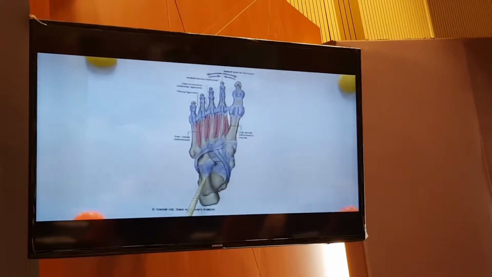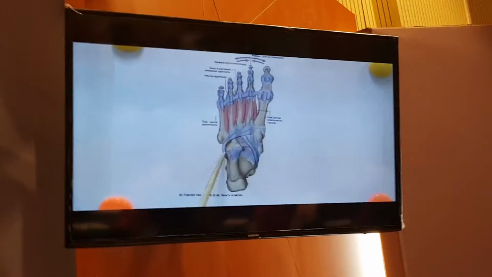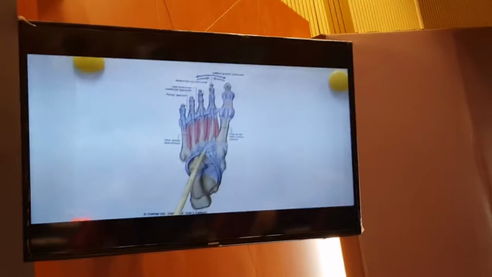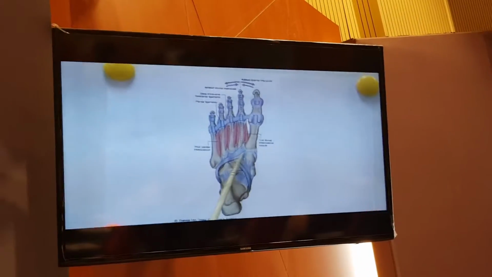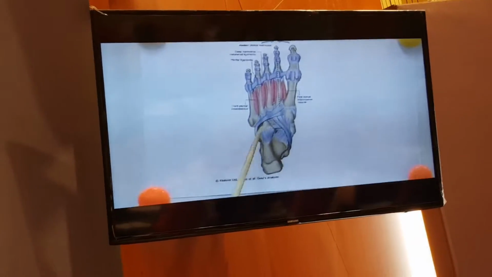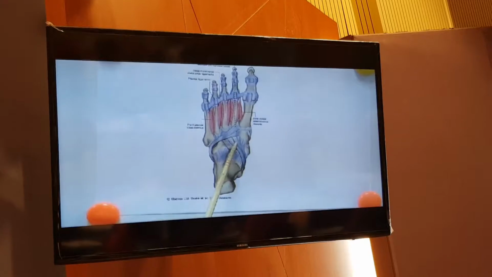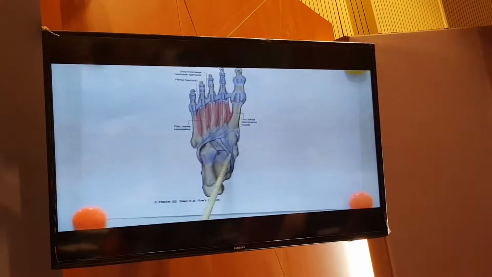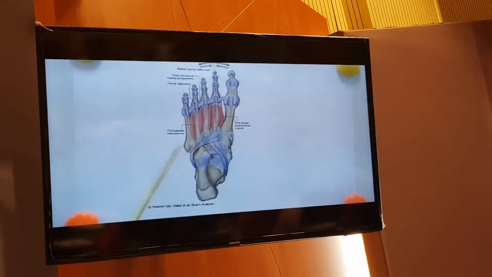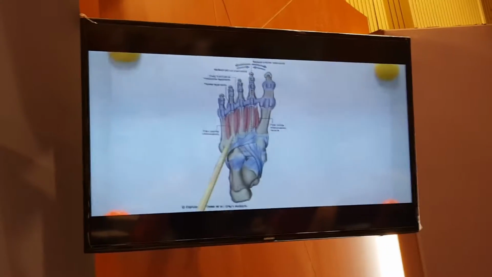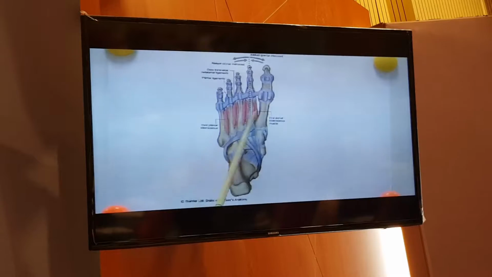The tendon of the peroneus longus muscle will be coming down in the inferior surface of the foot, like a hook. And this is our tibialis posterior muscle, and the tendon of the tibialis posterior muscle is there. And anteriorly, between the metatarsal bones, we have the interosseous muscles.